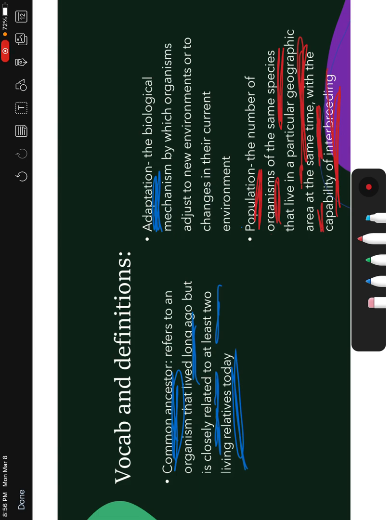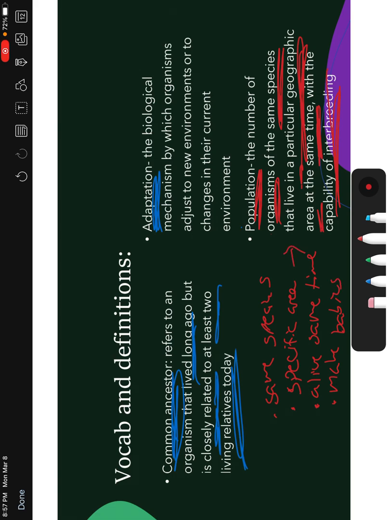So for a population we have the same species, a specific area, alive at the same time, and finally make babies.